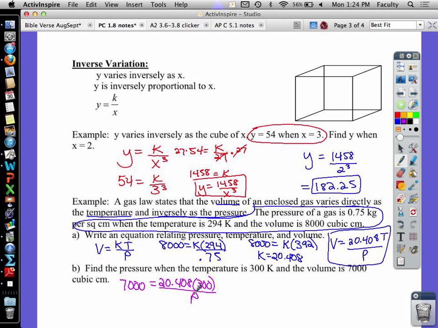Let's go ahead and multiply out the numerator. And I'm getting 7,000 equals, and I got 6122.4 divided by P.